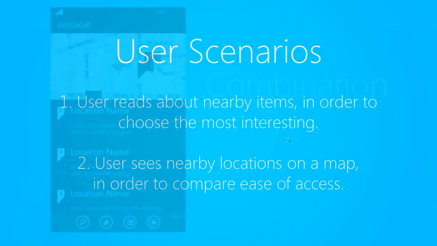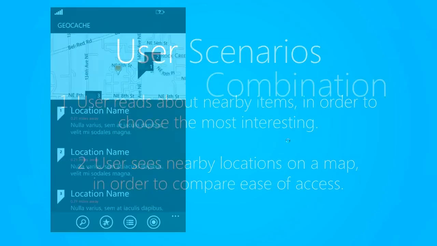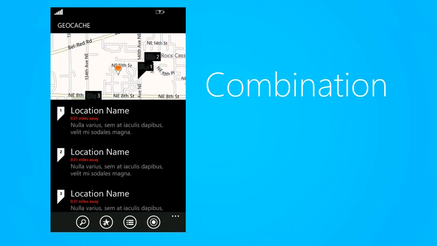So here's something. This is very similar to the location screen of the skating app we looked at earlier. It's also similar to Local Scout. You've got a little map along the top and then a list of locations down below. You just want to make sure that if you're going to do a combination like this, both of those user scenarios are satisfied.